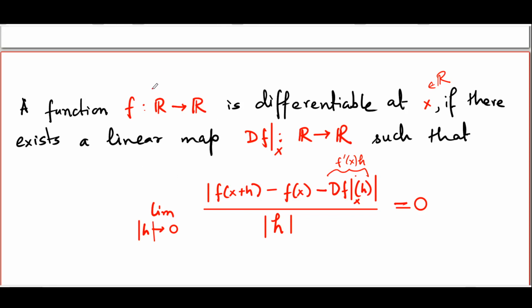All we have to do is change the domain of f to Rm, the range to Rn. Similarly, df at x will now be a linear map, not from R to R, but from Rm to Rn. And the quantity that you are going to calculate here will essentially be the same quantity, except for the fact that x, h, etc. here will be vector valued.